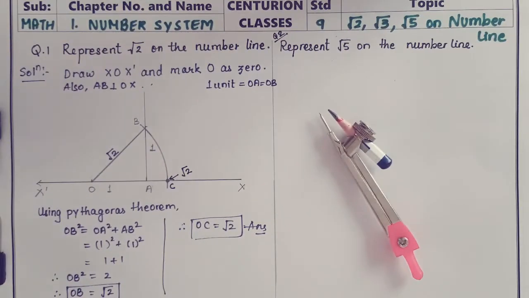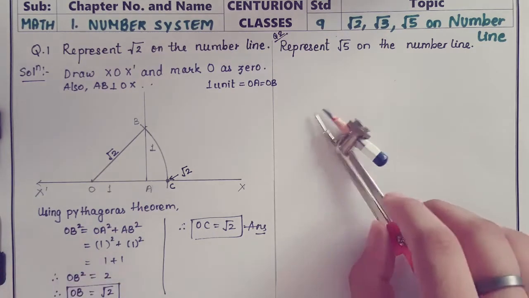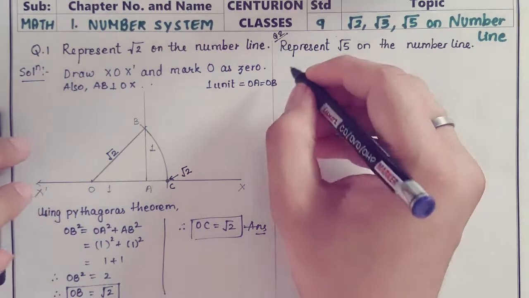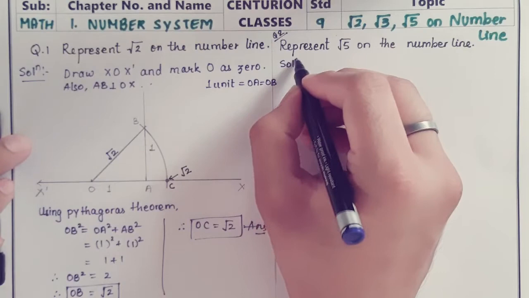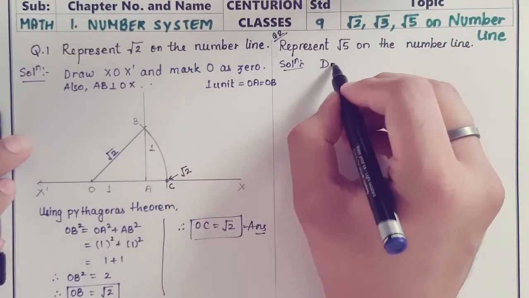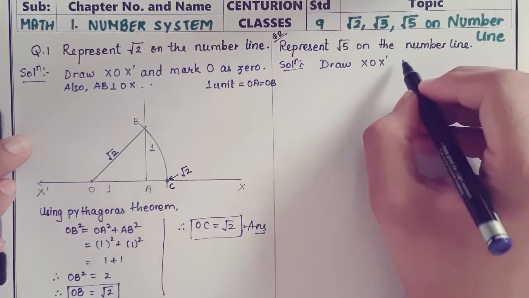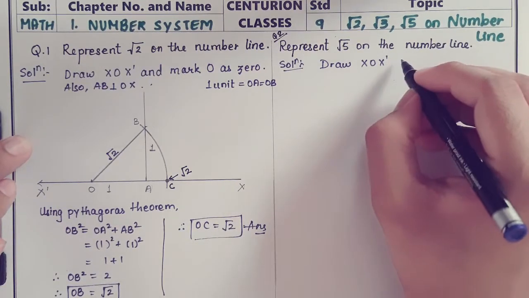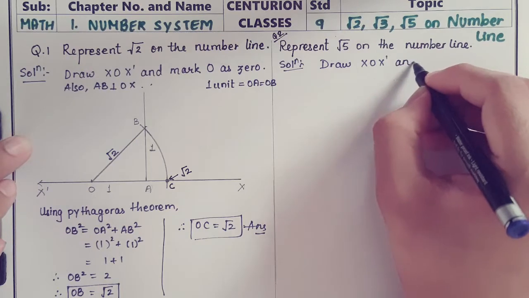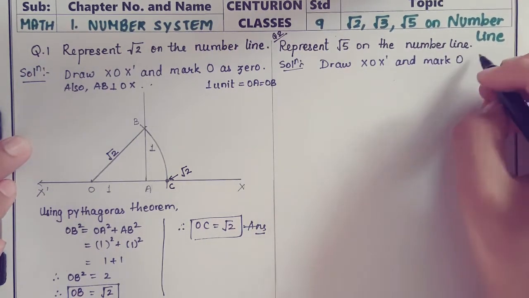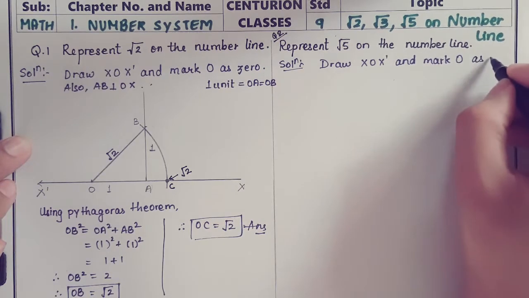Okay students, now we are going to continue with root 5 on the number line. Let us start. What we first need to do is make the horizontal line. So we'll write it down: draw X, O, X bar and mark O as its origin.